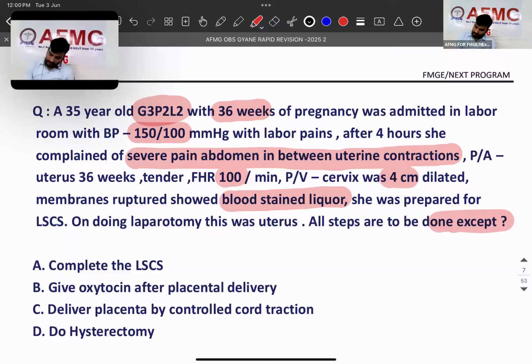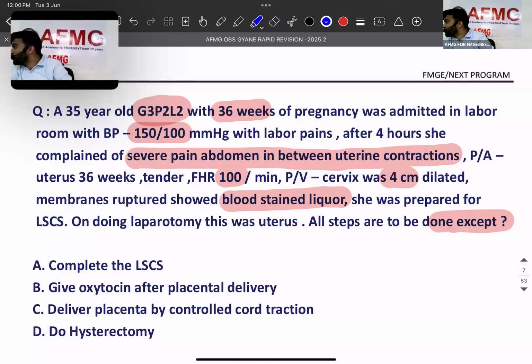What is the answer? A B C D. उनको मत देखो. Give oxytocin and placental delivery. What else? Guys, we just studied what? Abruptio placenta. Did I discuss hysterectomy anywhere? No. Sir, it is a condition wrong with the placenta. है ना?